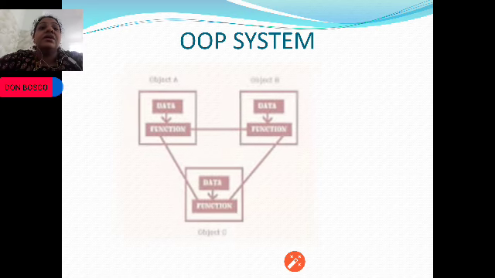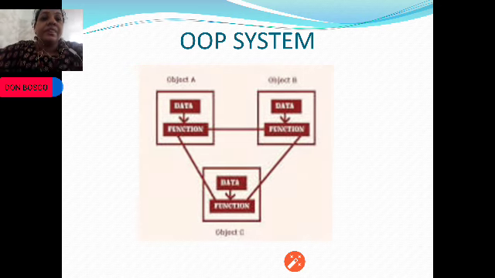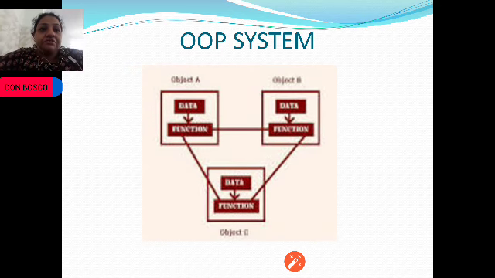Let us discuss the OOP system. As you see on the screen, we have three objects: object A, object B, and object C. Object A has the data and the functions. Object B also has data and functions. Object C also has data and functions.